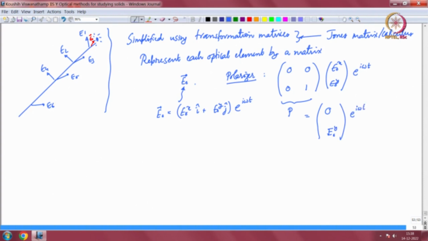So, after the polarizer the light looks like this, which is what we have. So, you can associate a matrix with each of these elements and you can make them do stuff to the incoming wave and transform it into some other wave that is going out. That is the basic idea.